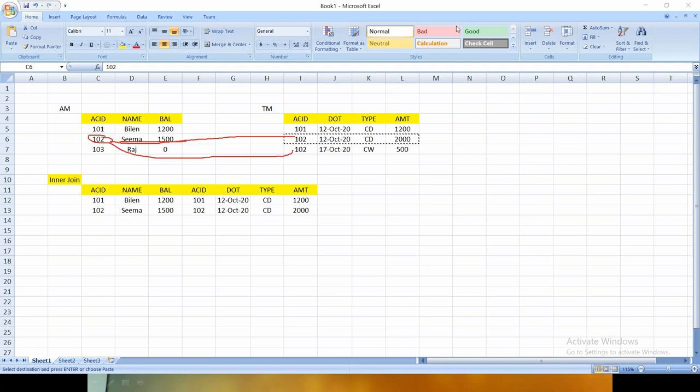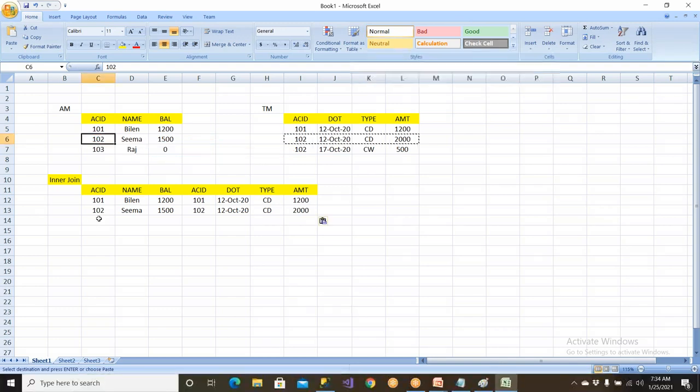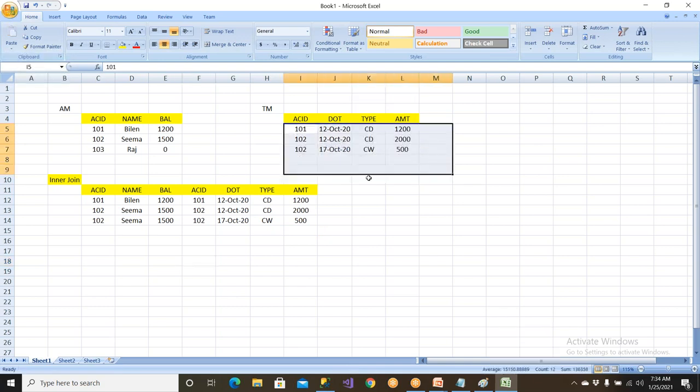Clear? That's very, very important. This will get repeated, and this record will get repeated. This is what is called inner join. We are going to get the number of rows available in the foreign key. If the foreign key has 3, then you will get 3 records.